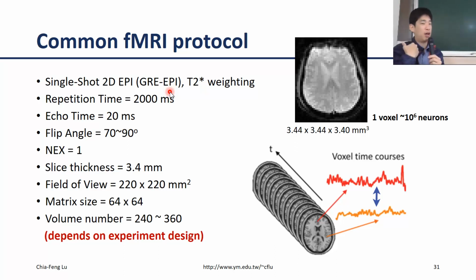As I mentioned before, we use an RF pulse to excite the NMV, right? We can acquire one slice of your brain simply using one excitation. I can say it is the fastest imaging technique in MRI.